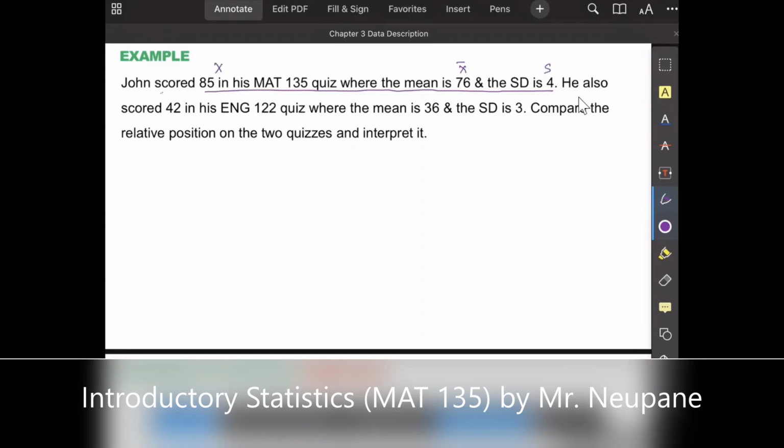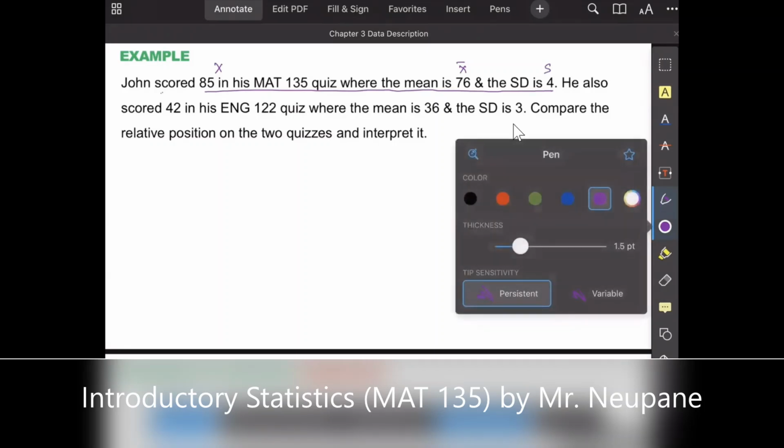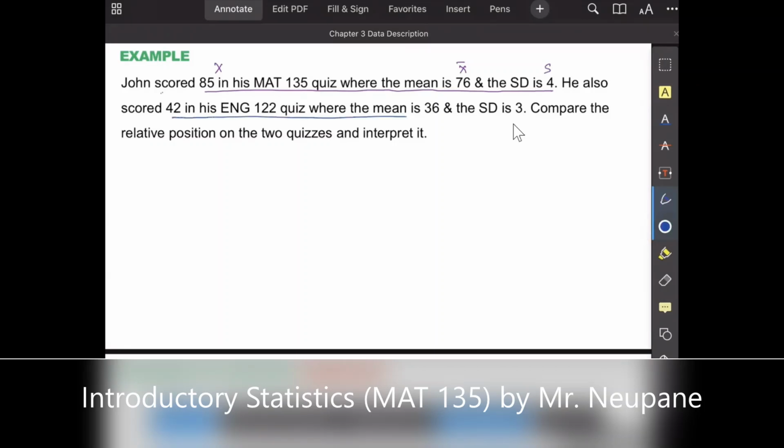That is his score, x. He also scored 42 in his English 122 quiz, where the mean is 36 and the standard deviation is 3.